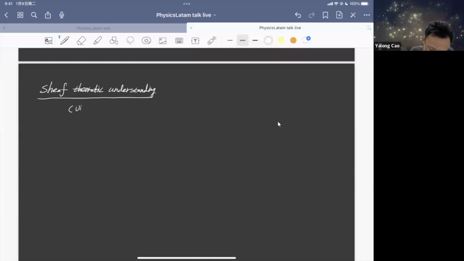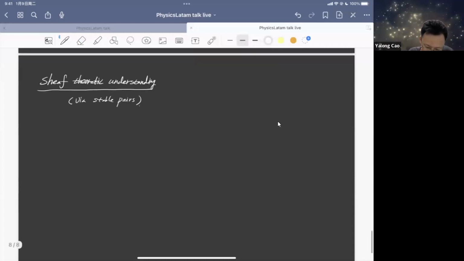So the thing we will use is the so-called stable pairs. Okay, so let me first introduce this notation Pn(X, beta).